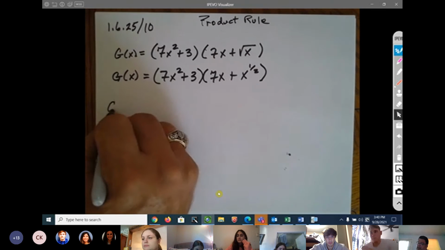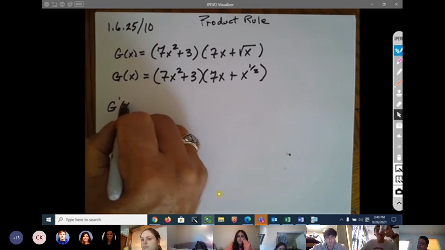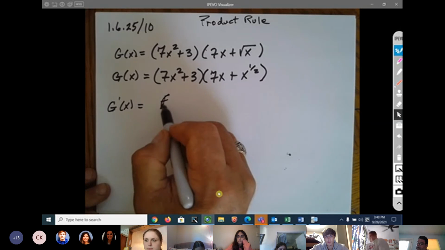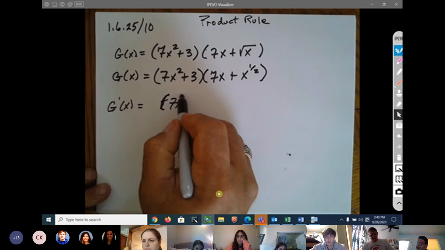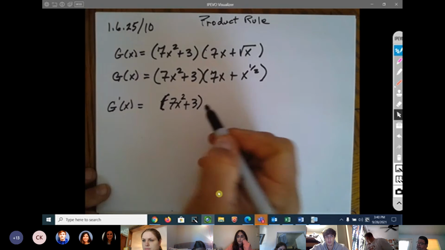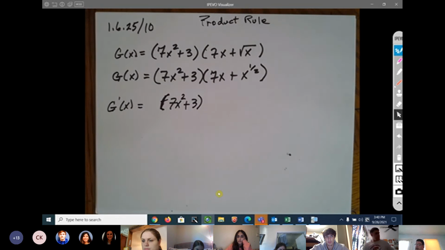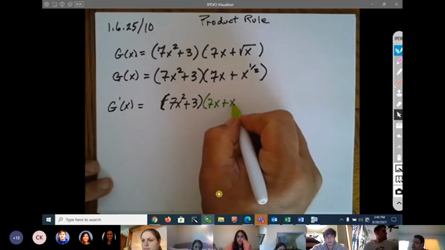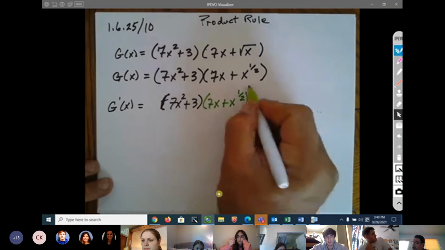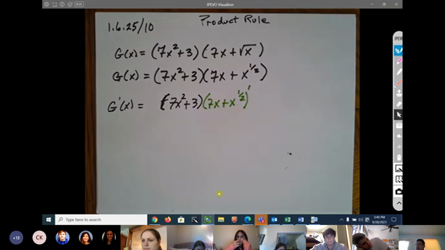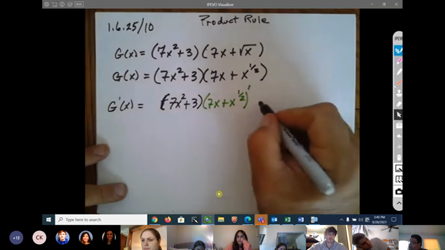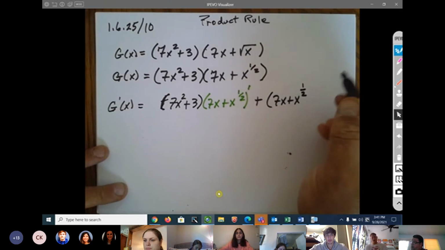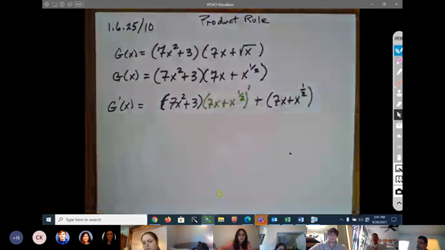So g prime of x is equal to the first times the derivative of the second, 7x plus x to the 1/2 prime, plus the second times the derivative of the first.